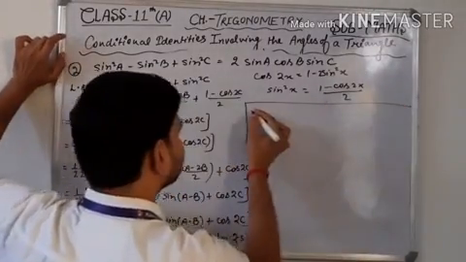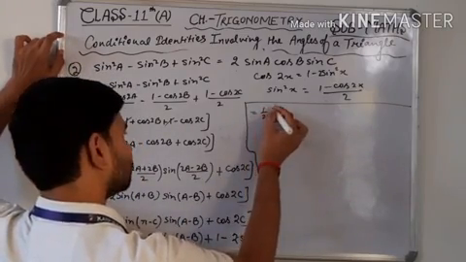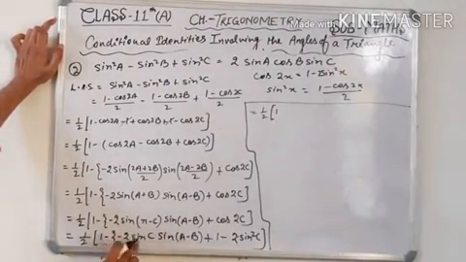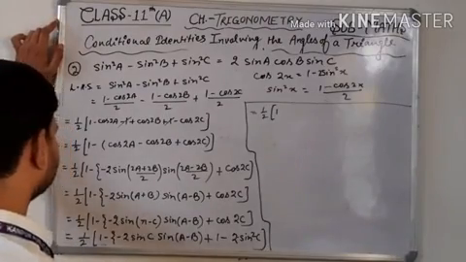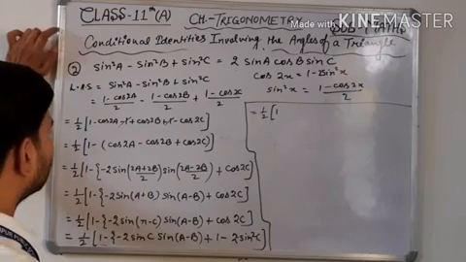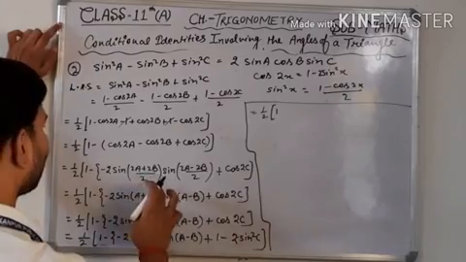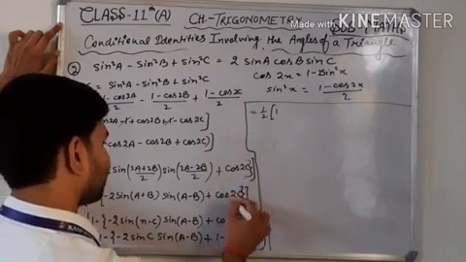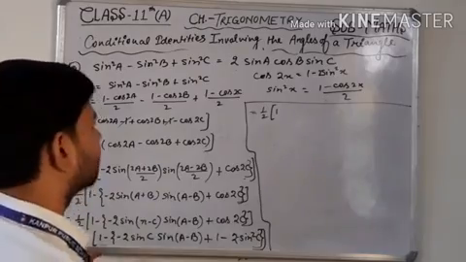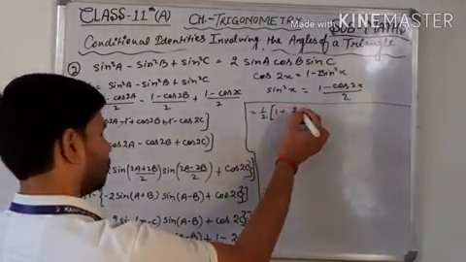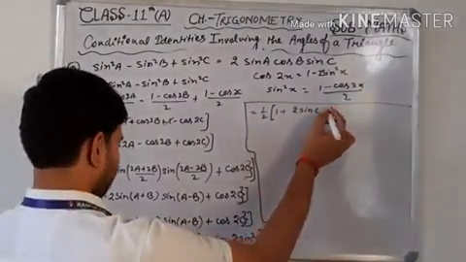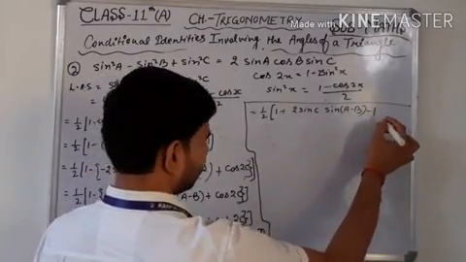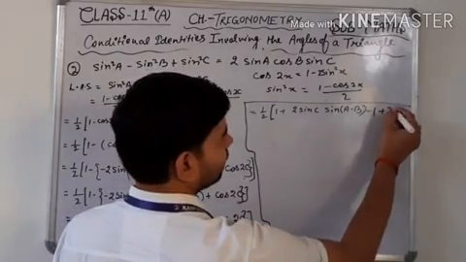Equal 1 upon 2, 1. Now multiply with this minus, we get 1 plus 2 sin c sin (a minus b) minus 1 plus 2 sin square c.